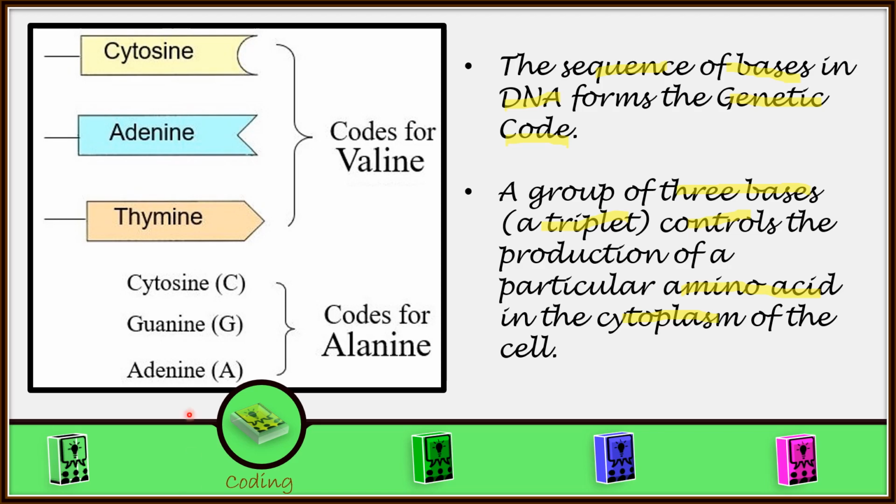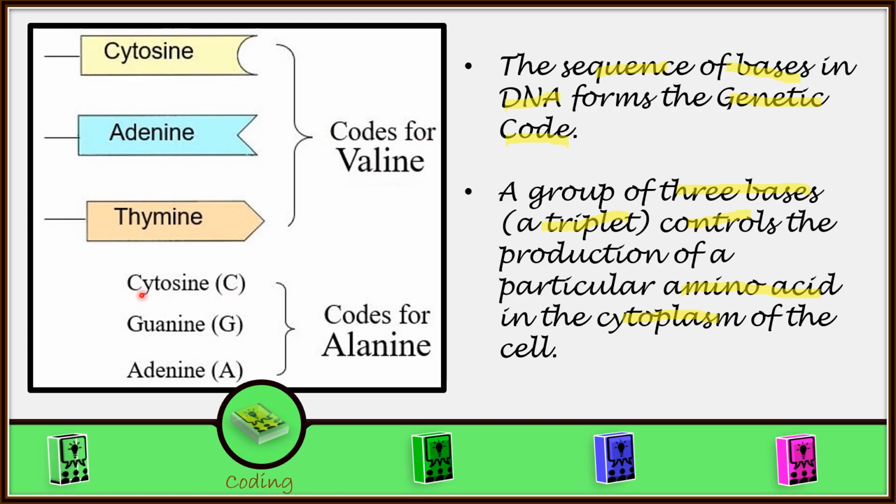What we are referring to is if you have 3 bases next to each other, that is what we call a genetic code. For example, we have cytosine, adenine, and thymine. They form a genetic code for valine.